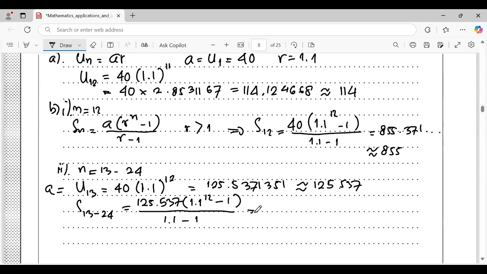And if you calculate, it is 2,684.52172. Rounded becomes 2,685. This is the solution.